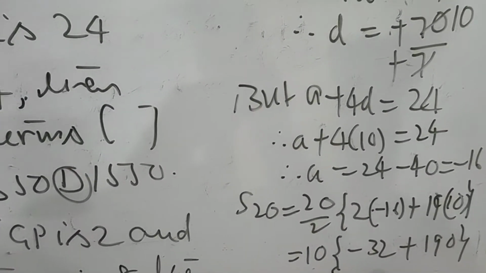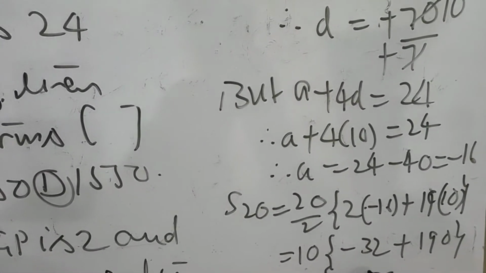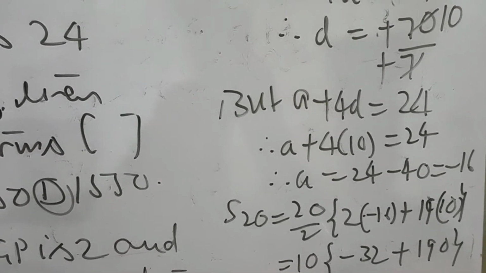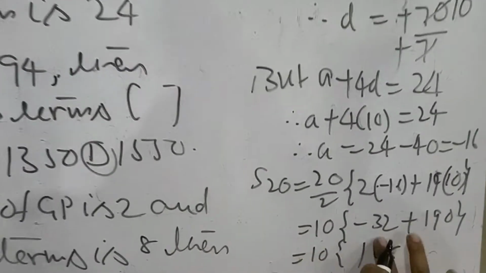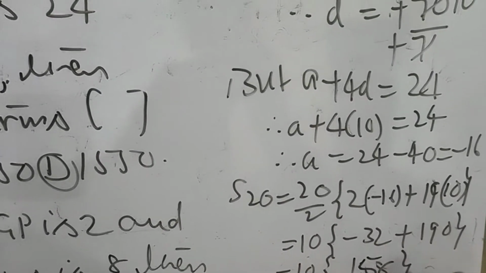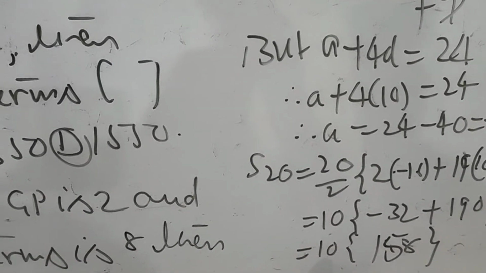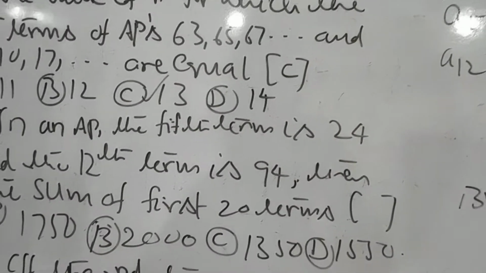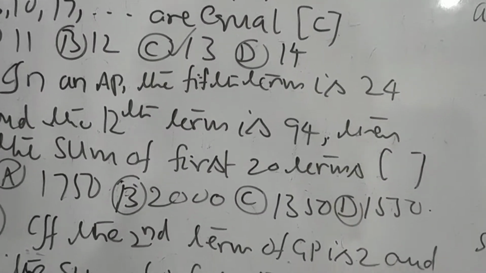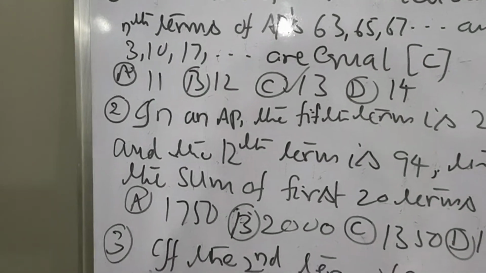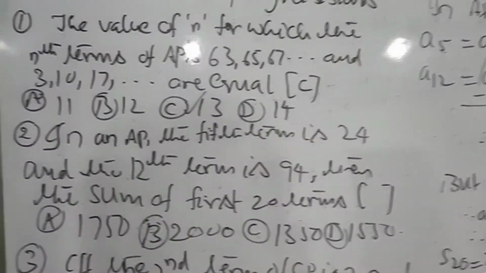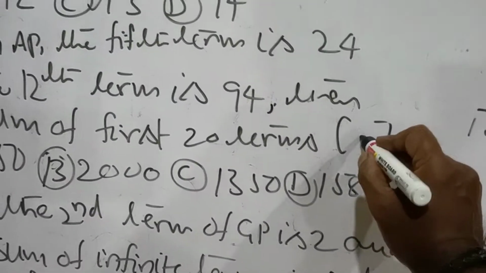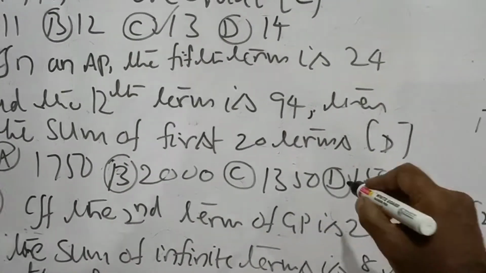So 10 into 190 minus 32, 158. 158 into 10, 1580. Therefore, the sum of 20 terms in the AP is 1580. Therefore, the option is D.